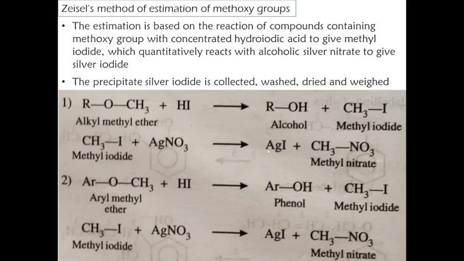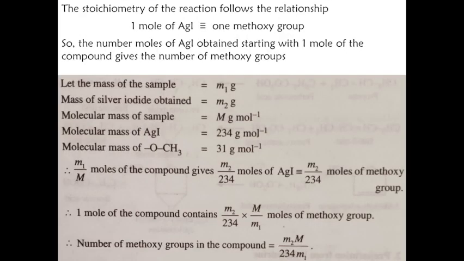Here also we have to treat the silver iodide by collecting, washing and drying, and then weighing it. Then from this we can come to know the number of methoxy groups present in the compound. The stoichiometry of the reaction follows the relationship.